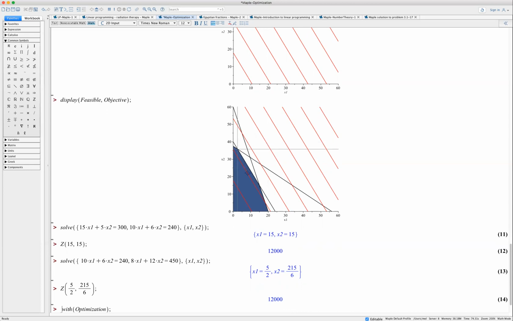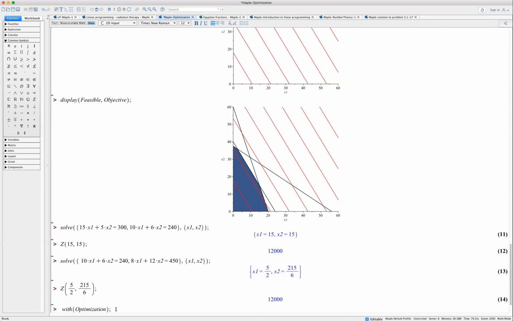And in fact, any point on the line between them, this whole boundary line in the feasible region, every one of those points maximizes the objective function. So the general theory will say that the maximum value occurs at a corner point, but you can also have the maximum value occurring at other points. But you always do get the maximum value just by looking at the corner points. There might be more points, but no point will exceed that, and other points might be equal to it.